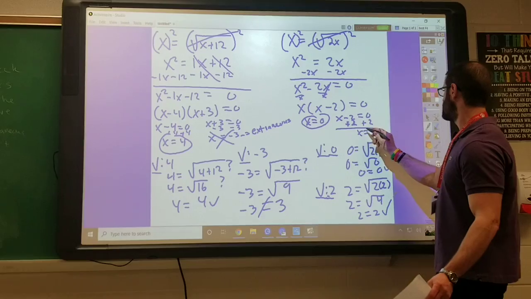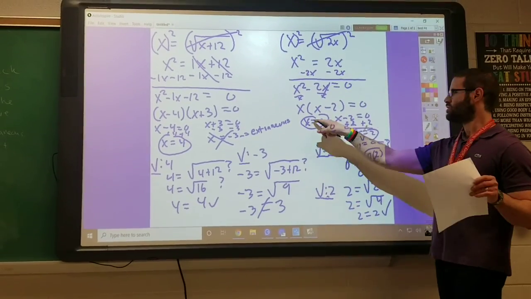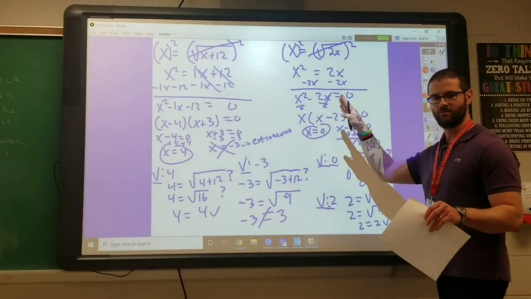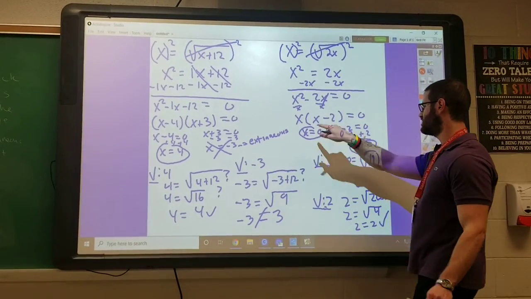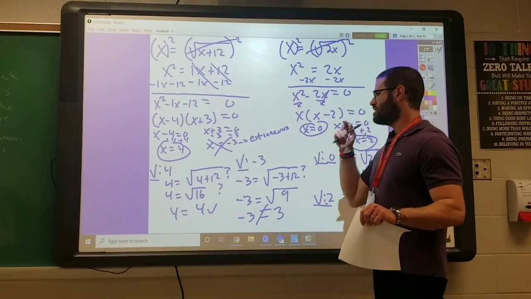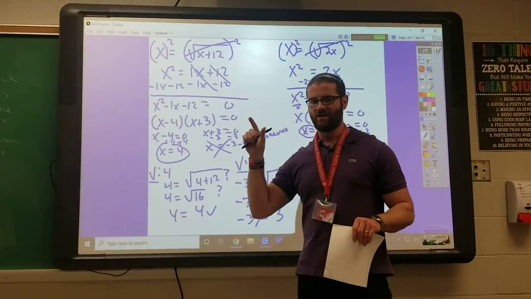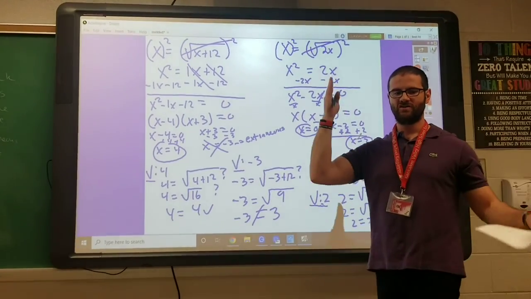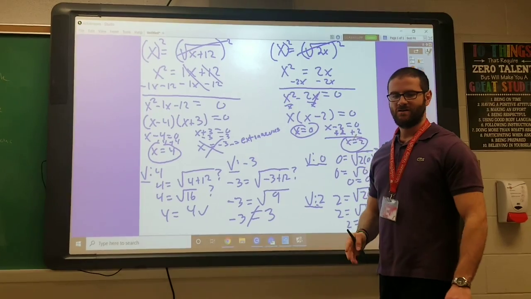So yes, in this case, we have 2 valid solutions. Both of them work in the original equation, so your answers are 0 and 2. Okay, so remember, we always have to check our answers. If they are extraneous, they don't work in the original equation, do not put them as part of the final answer.